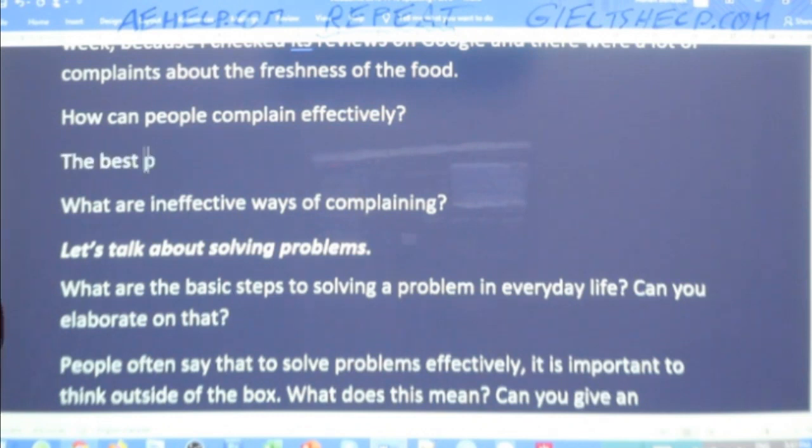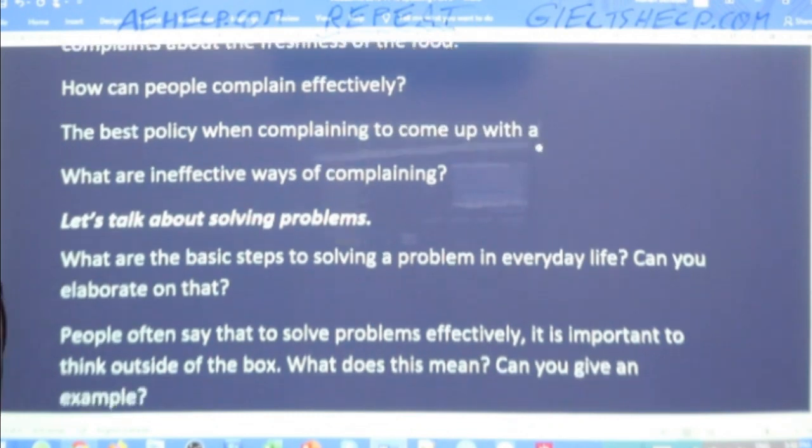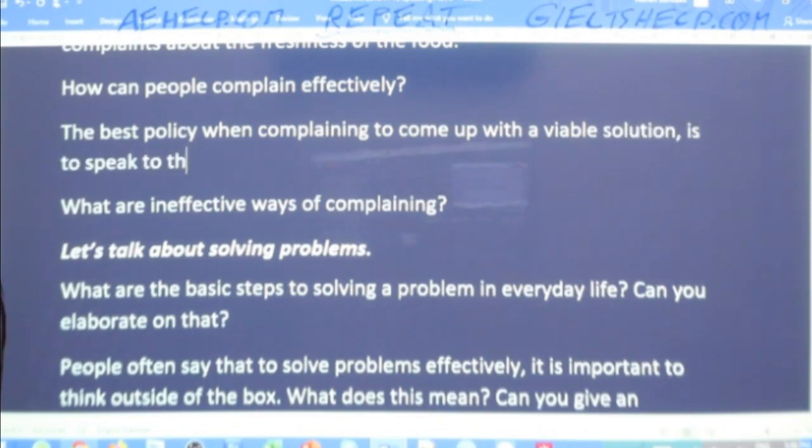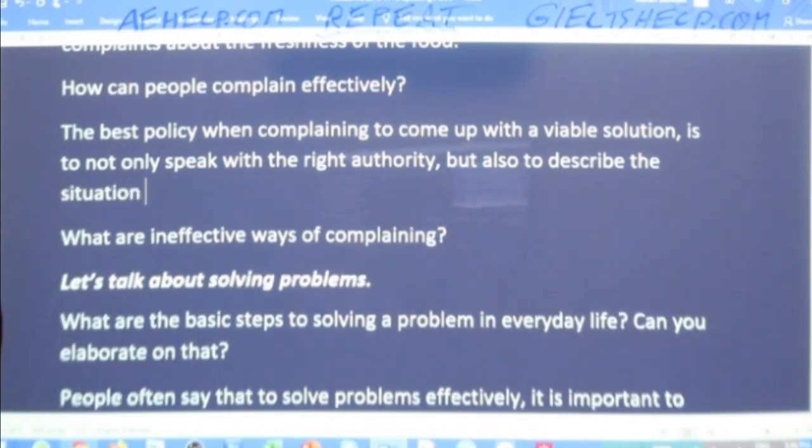So the best policy when complaining to come up with a viable solution is to not only speak with the right authority, but also to describe the situation with as much detail as possible.